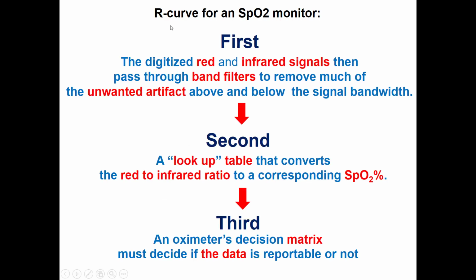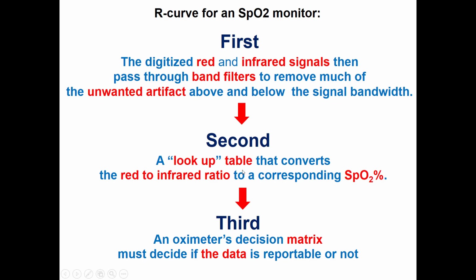So how is this R curve calibration made? We take the red and infrared signals in analog and change them into a digital signal. We have this ratio. Also, we pass the signal through band pass filters to remove much of the unwanted artifact above and below the signal bandwidth. When we have this ratio, a lookup table, which is specific for each manufacturer, will convert the ratio.